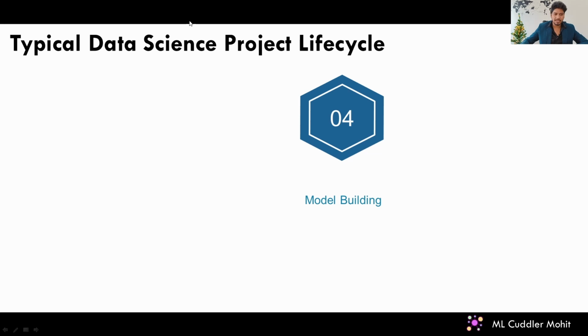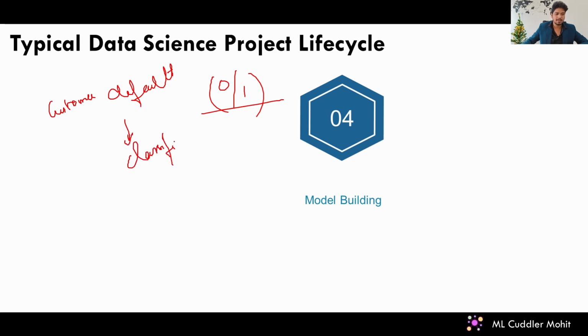Now if I take the example of the finance one, customer default. Here we want to predict whether a customer will default or not. Either you can say 0 or 1, or the probability of defaulting on a particular loan. So let's take this customer default 0 and 1. This is a classification problem in machine learning, where we are predicting categories.